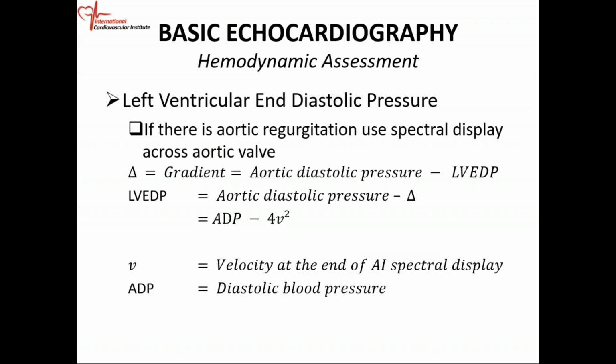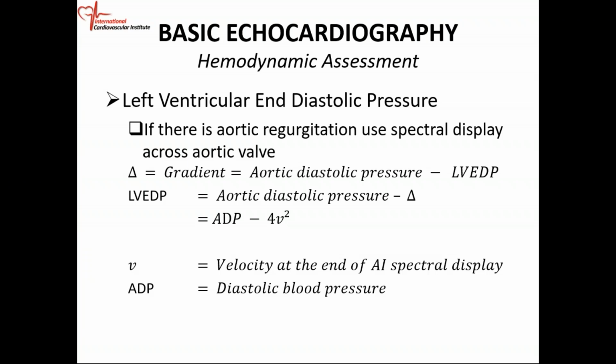When you have aortic insufficiency, then in diastole, blood flows backwards from the ascending aorta across the aortic valve and back into the LV. That is aortic regurgitation or aortic insufficiency. The blood is flowing the opposite direction.